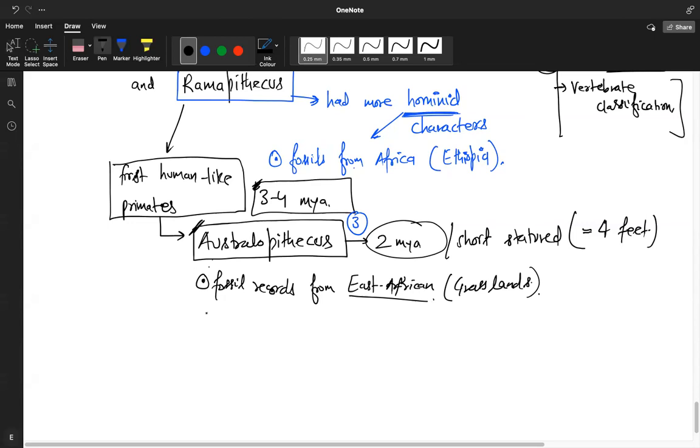So Australopithecus, then write down, the first hominid species is Homo habilis.